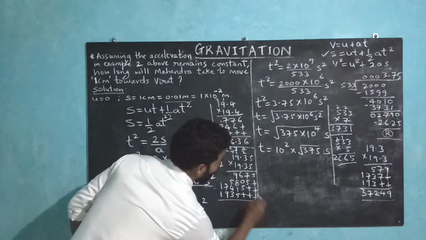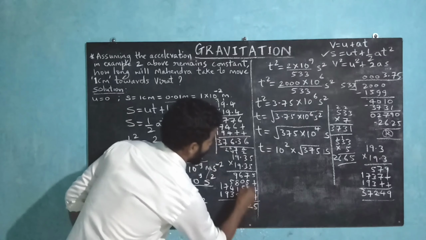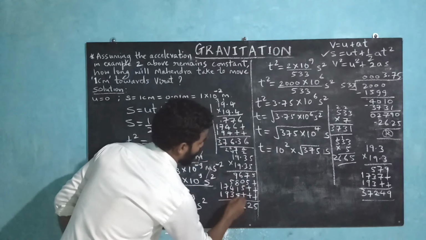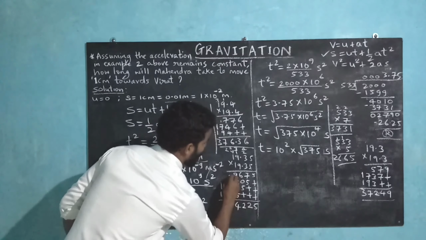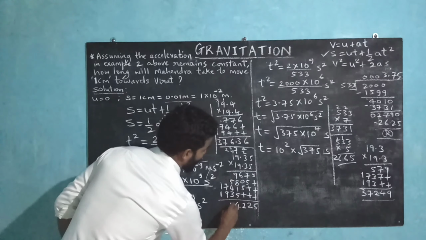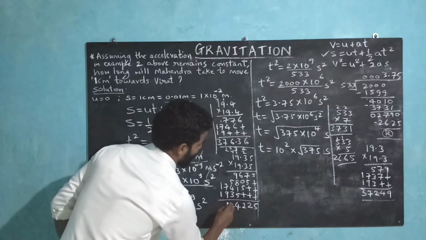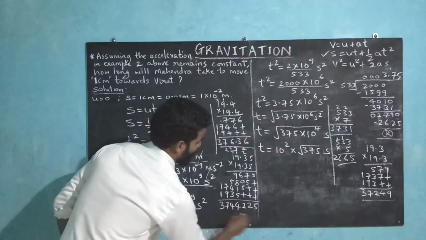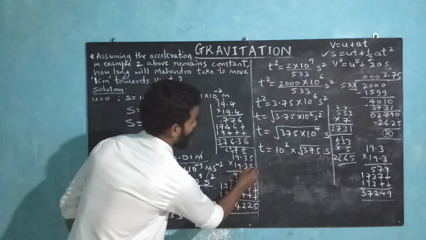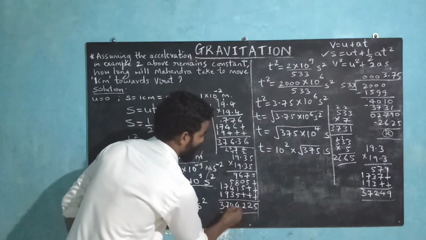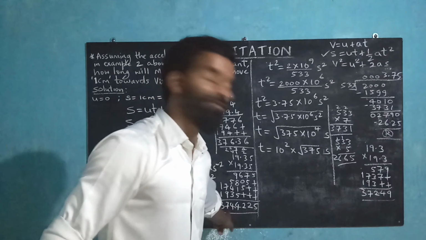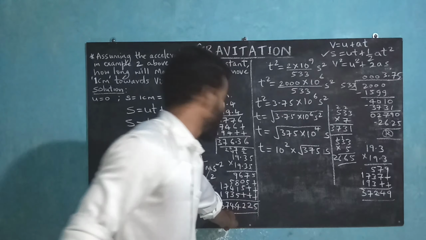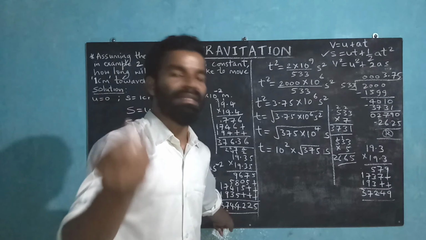So this will be 5 here, this will be 12, this will be 12 again, 24, carry 2, this will be 14, carry 1, 17. Point after 1, 2, 3, 4 places. So you are getting 374.4225. So this is a little bit less than 375.